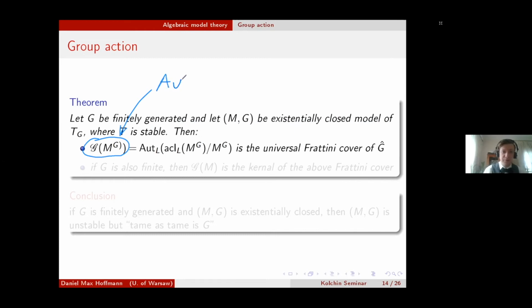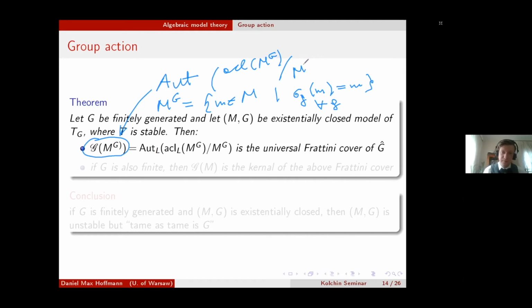It was the automorphisms. And what is M^G? M^G is all the invariants of the group action, so all the elements m of M such that sigma G of m is equal to m for all G. So the absolute Galois group of the invariants is ACL of M^G over M^G in the language L, so in the language without group action.